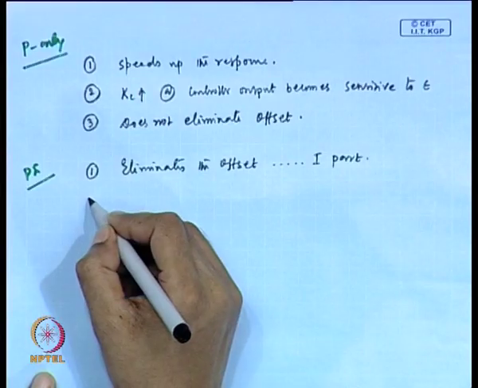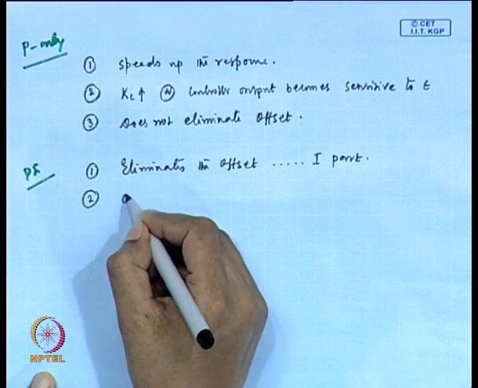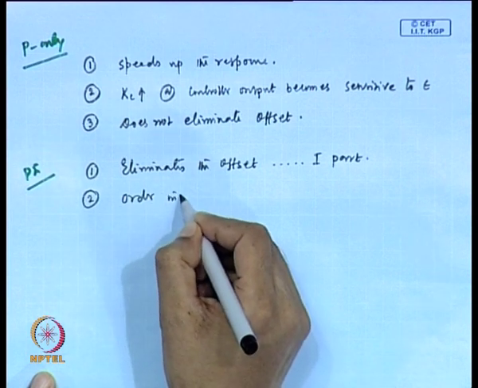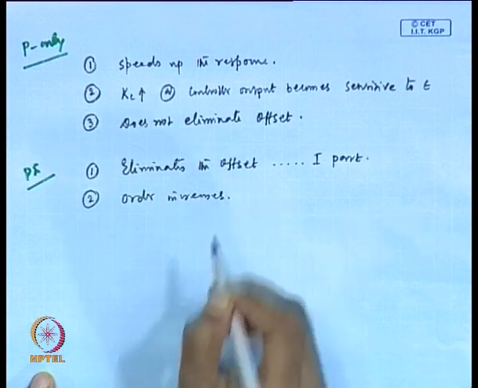Second point is the order. For P only controller there is no change of order, but for PI controller the order is increased. So, second point is order increases, and as the order increases the overall response becomes sluggish.